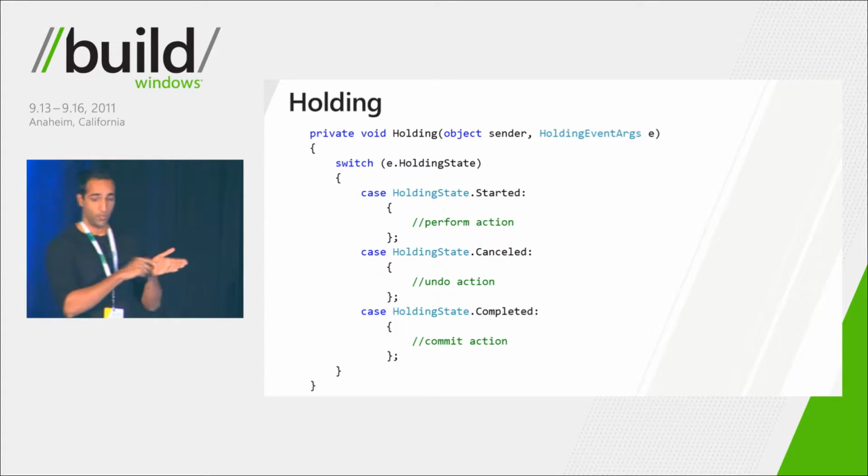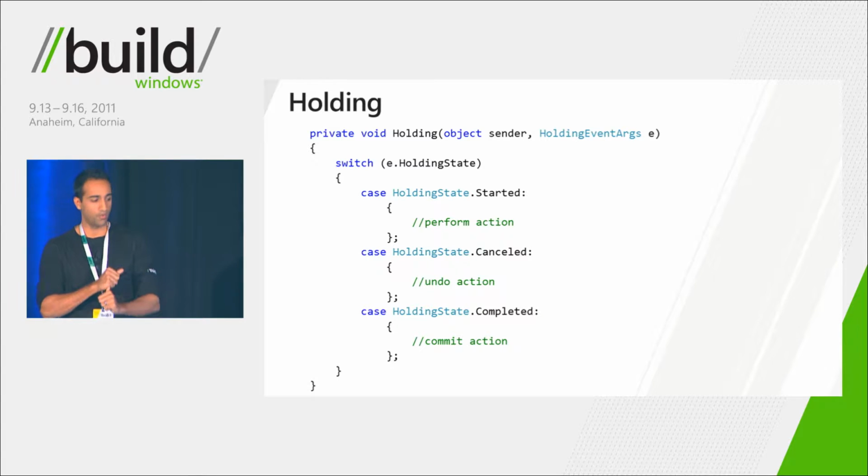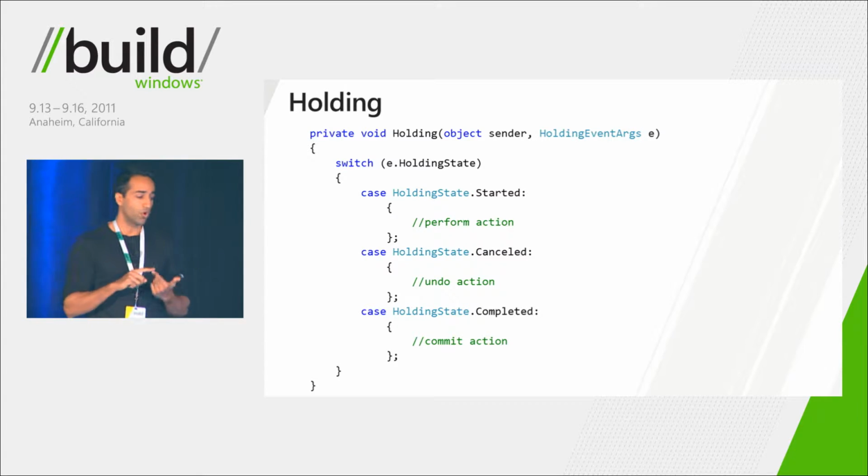Alternatively, I could be holding for a little bit of time. I'll get the holding event with holding state equal to started, and then I'll release the hold. That's a hold complete. So I was holding, and then I released. And so you get two events there. You get the holding event with holding state started, and the holding event with holding state completed.